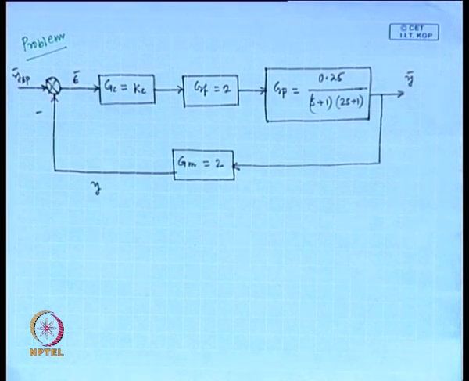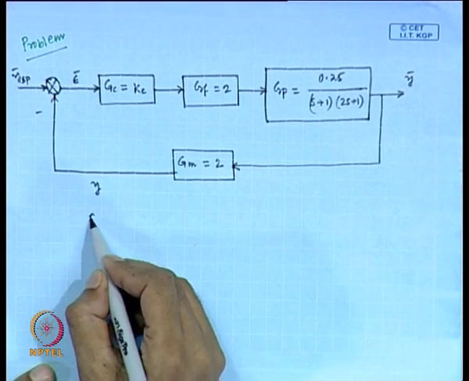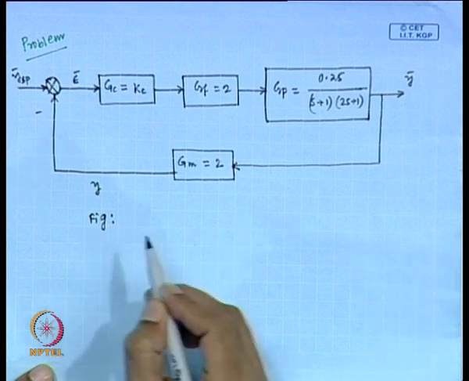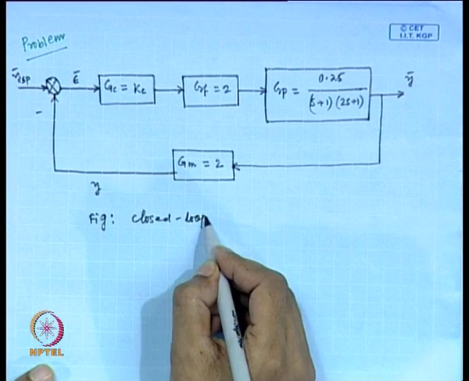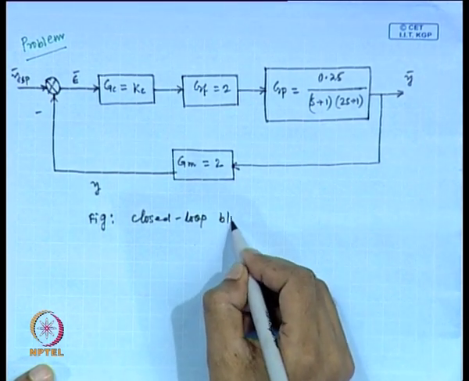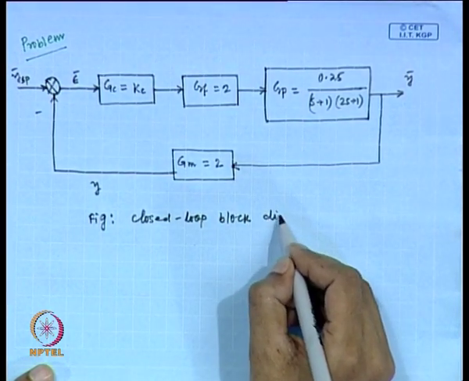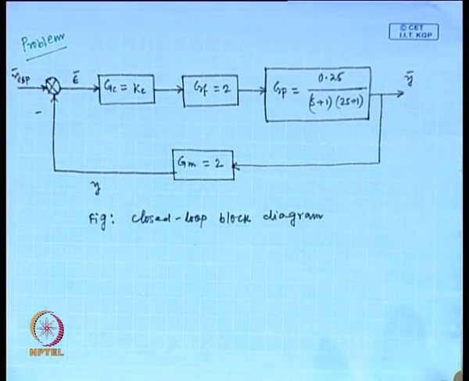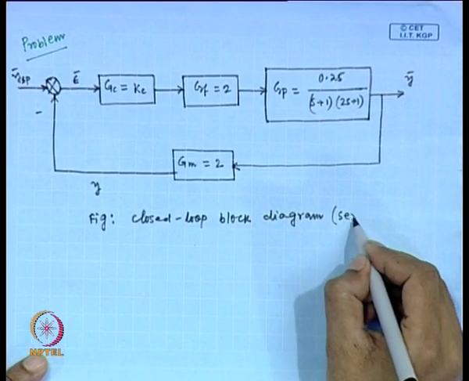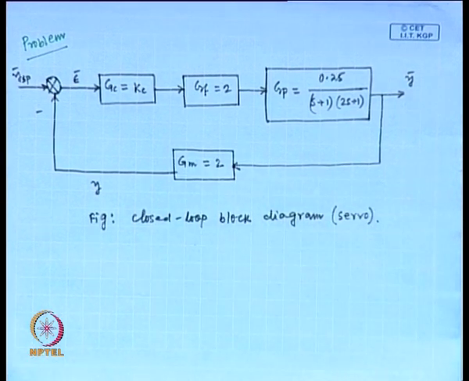So, this is the closed loop block diagram. This is the closed loop block diagram for servo case, because we are considering no disturbance.